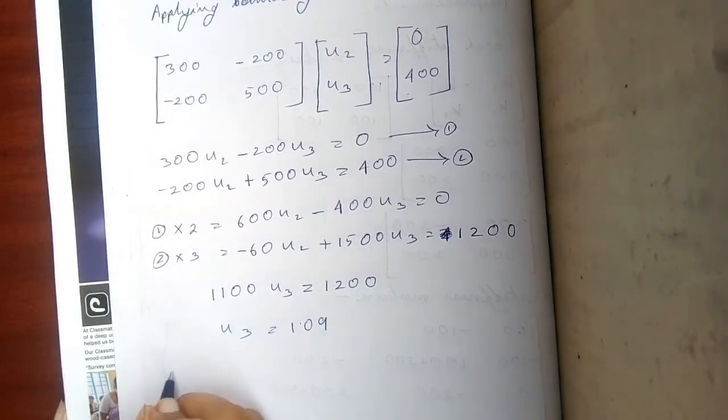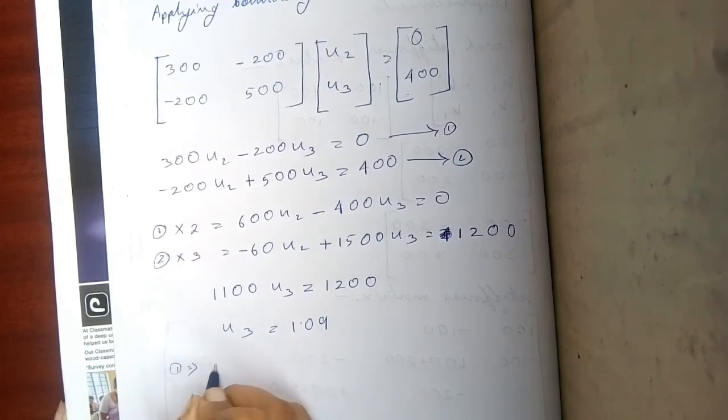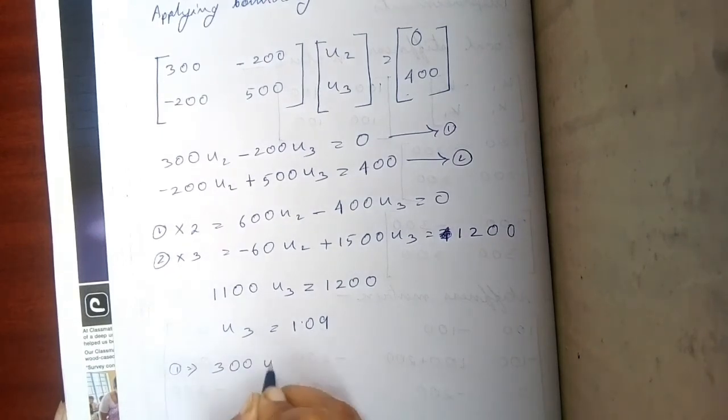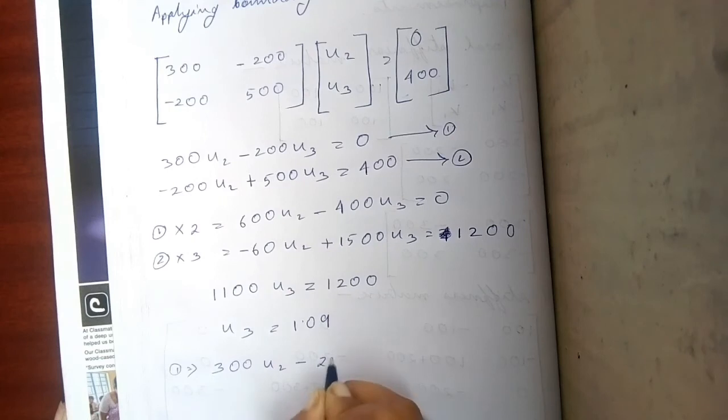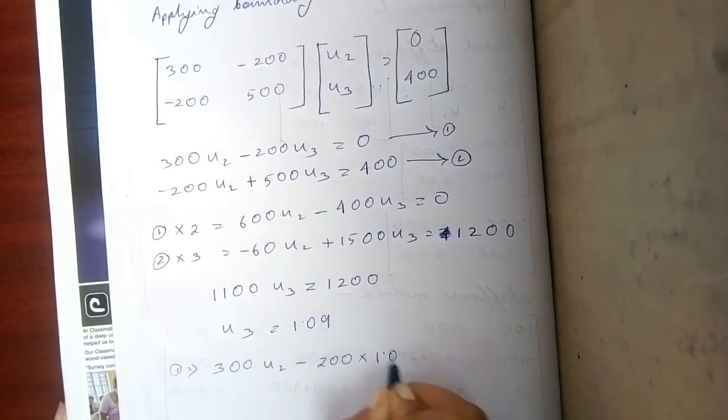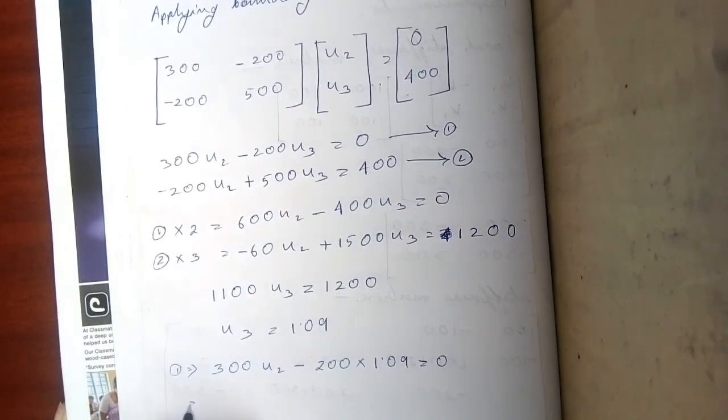So equation 1 will be 300 U2 minus 200 into 1.09 equal to 0.